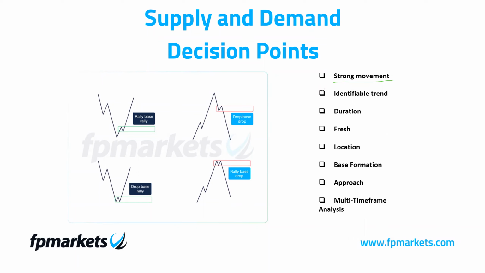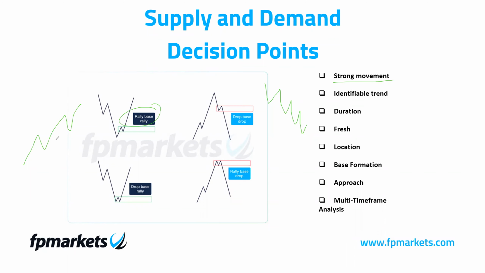An identifiable trend is quite simply, we're looking for our rally base rally to form within our uptrend, and we're looking for the drop base drop to form within the downtrend, which is simply a series of lower highs and a series of lower lows.